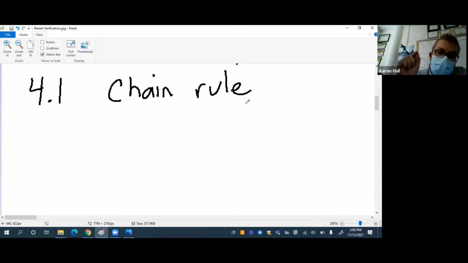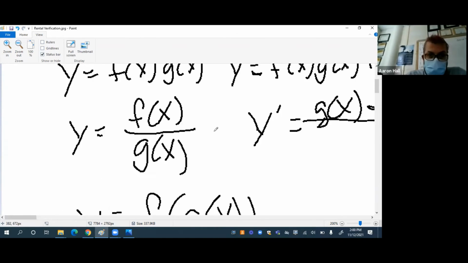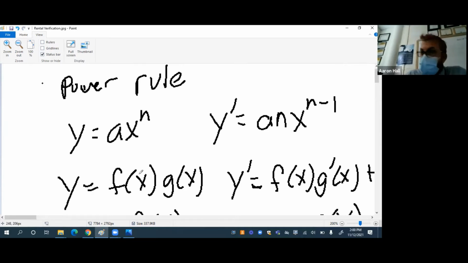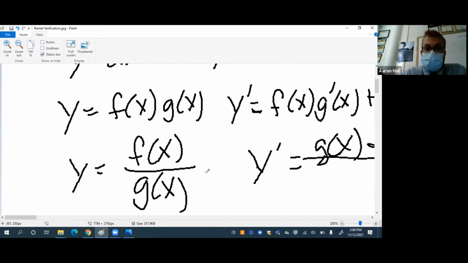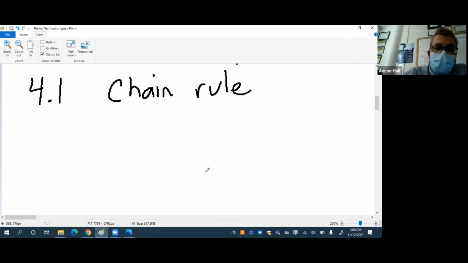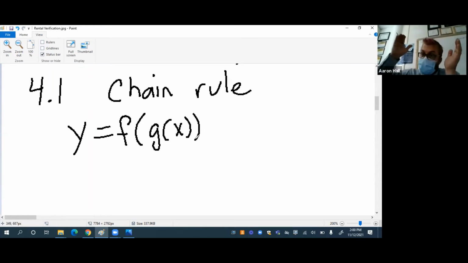The chain rule is this idea when we have a function inside of another function. It should not be confused with the product rule where we have a function times another function. So my function is f of g of x, where we have g of x nested inside of f of x.